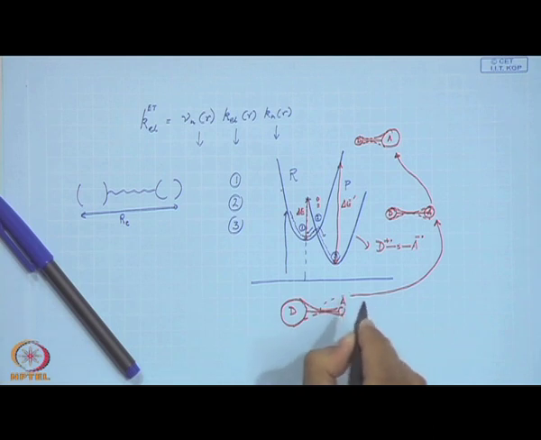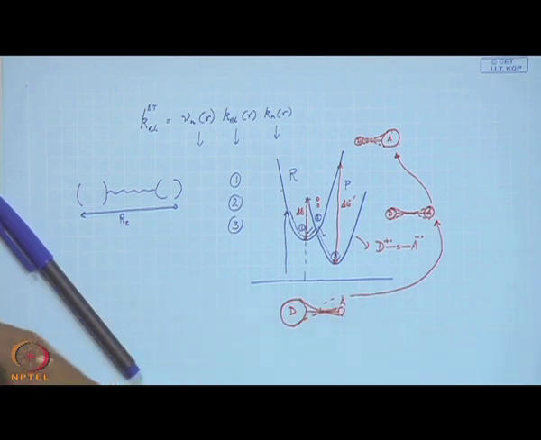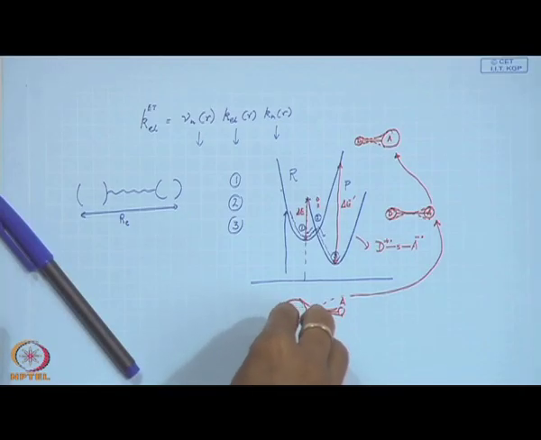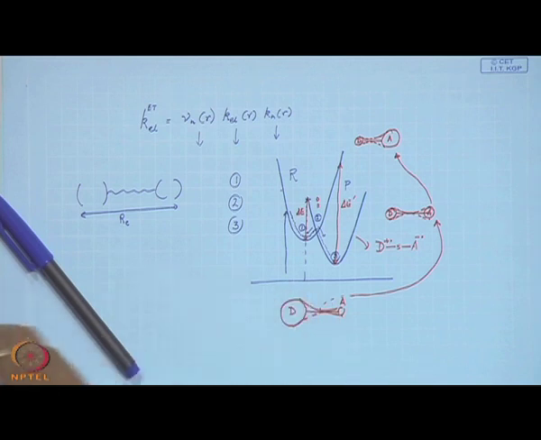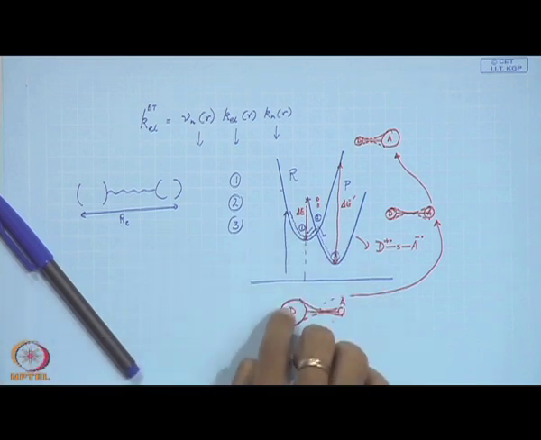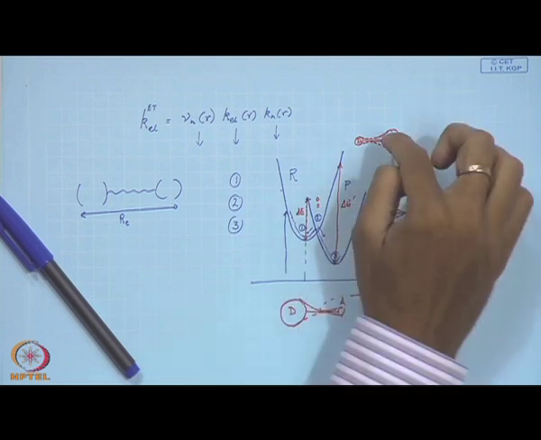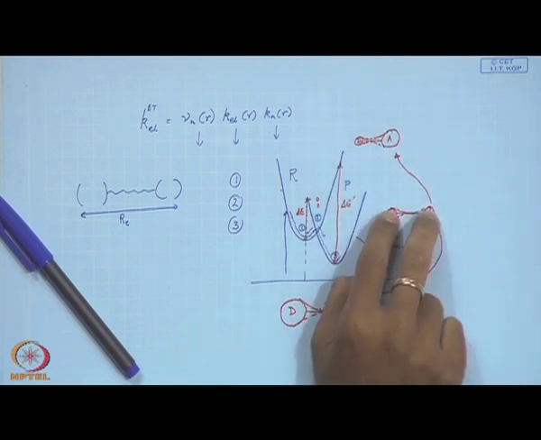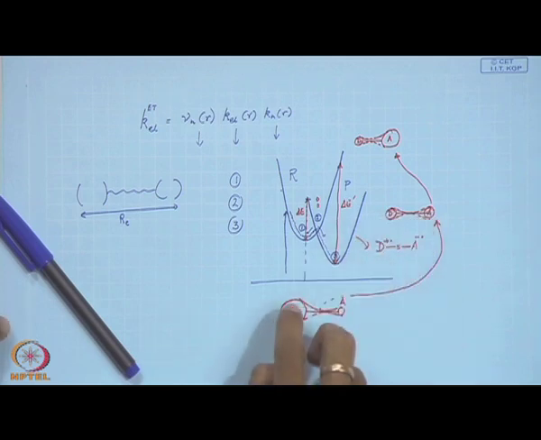So, this may be viewed as the time taken by the wave function, or the time dependent Schrodinger equation, to evolve from one 0 order state to another 0 order state. 0 order state means in which it is described primarily as if there is no mixing between the donor state and the acceptor state, because the electron is primarily localized on D, and here the electron is primarily localized on A, but here it is intermediate between these two. So, that is why it is a mixture of this and that.